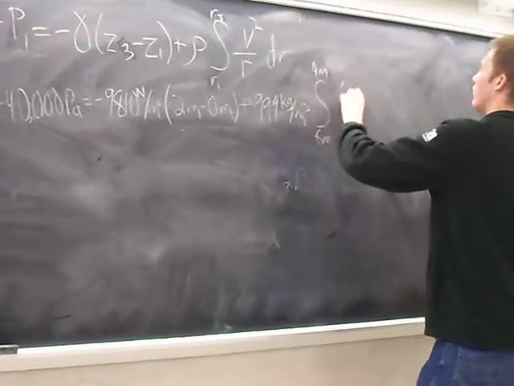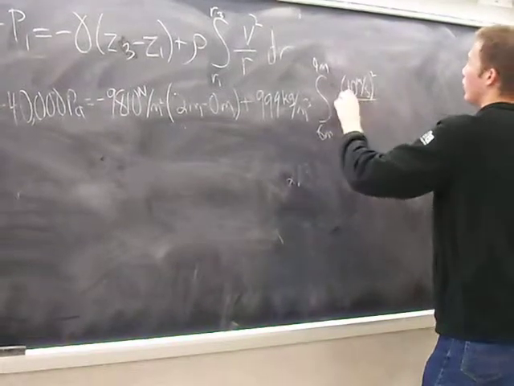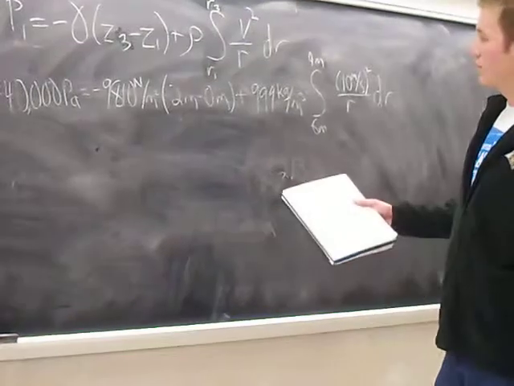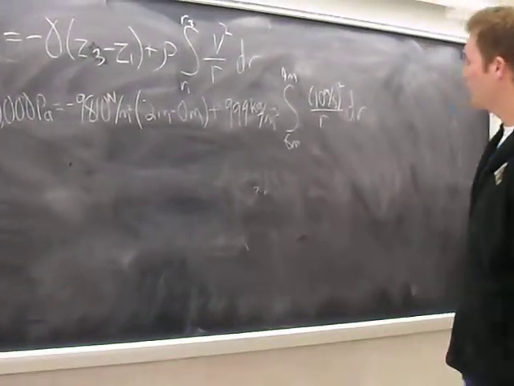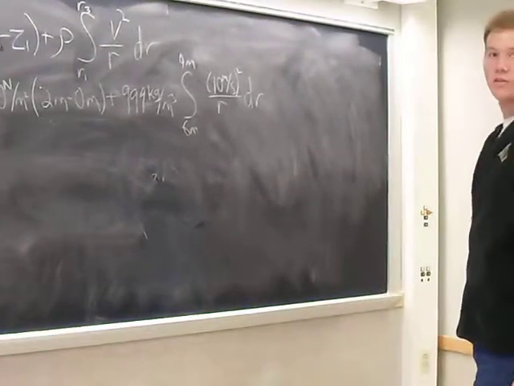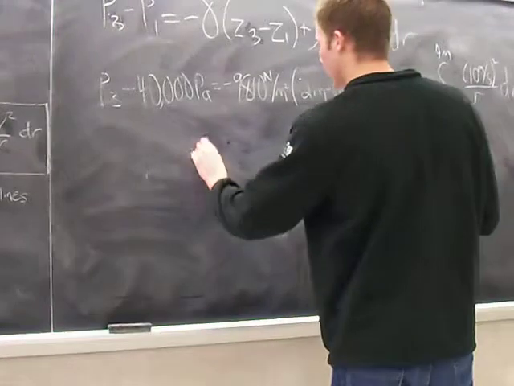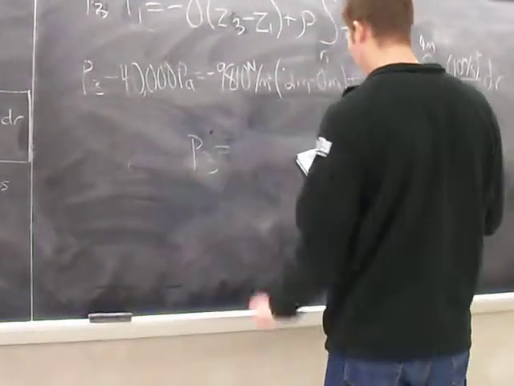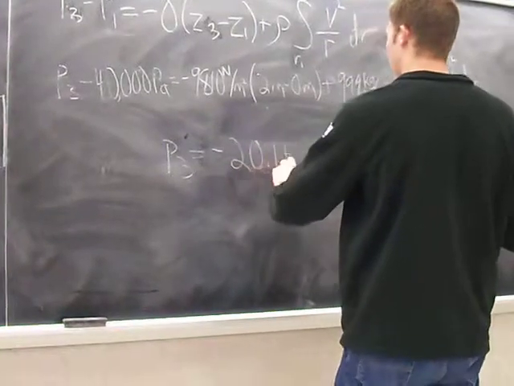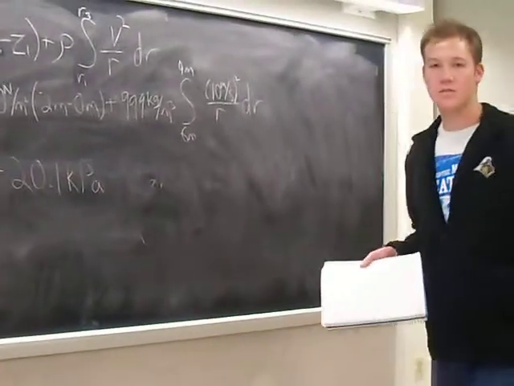And then V is still uniform at 10 meters per second, and we square that over R dr. So it's basically the same thing, just plugging and chugging. The integral will be the same: 1 over R turns into the natural log of R, and we got a P3 equal to negative 20.1 kilopascals. And that's all. Thank you.